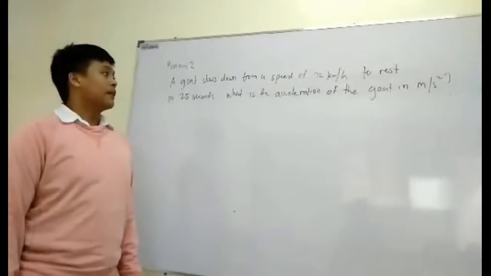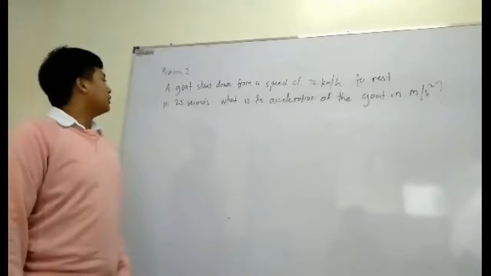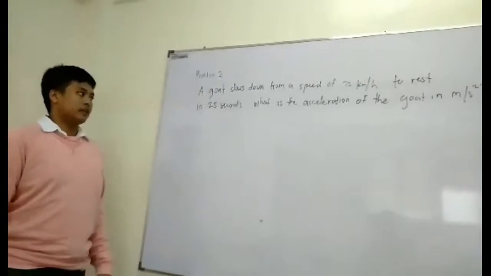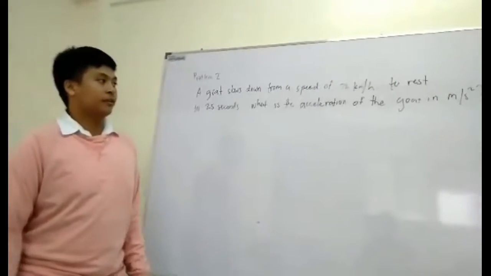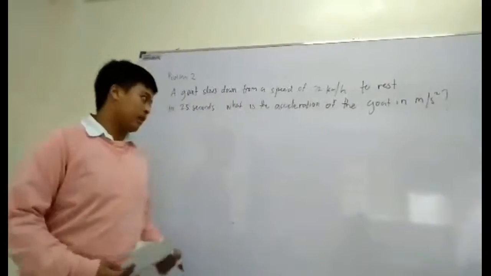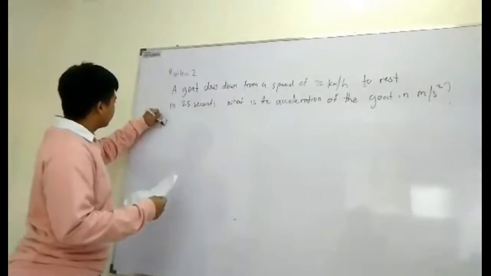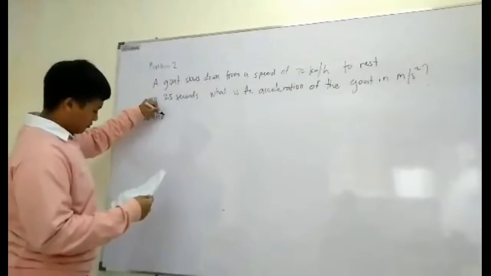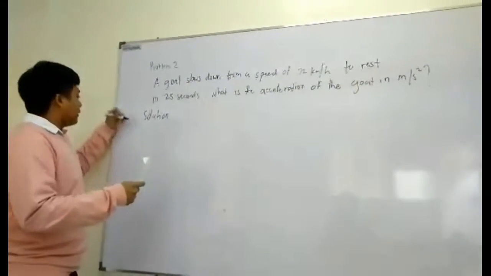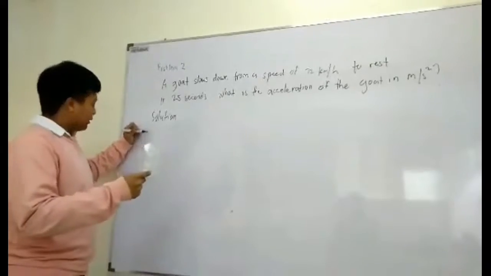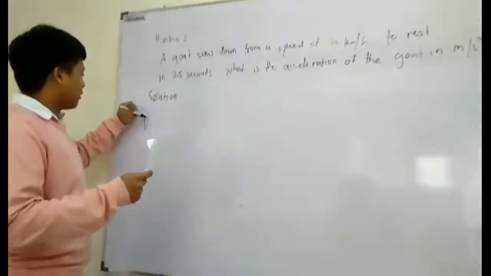from a speed of 72 kilometers per hour to rest in 25 seconds. What is the acceleration of the ghost in meters per second squared? The solution is: the initial velocity is 72 kilometers per hour.